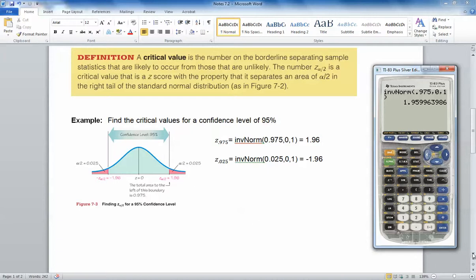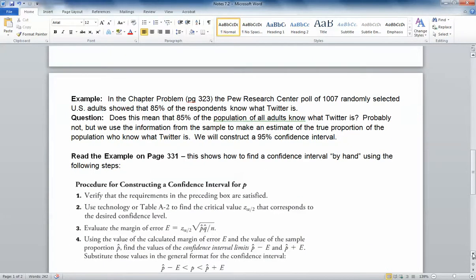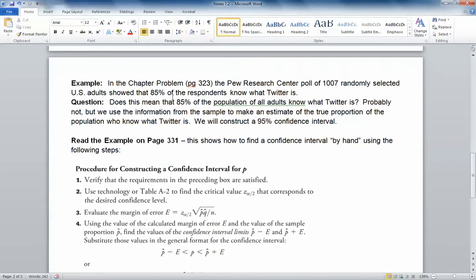All right, then what do we need that for? There's an example in your textbook on page 323. Well, the chapter problem's on 323. The solution to this problem by hand is on 331. It says that in the chapter problem, the Pew Research Center poll of 1,007 randomly selected U.S. adults showed that 85% of the respondents know what Twitter is.